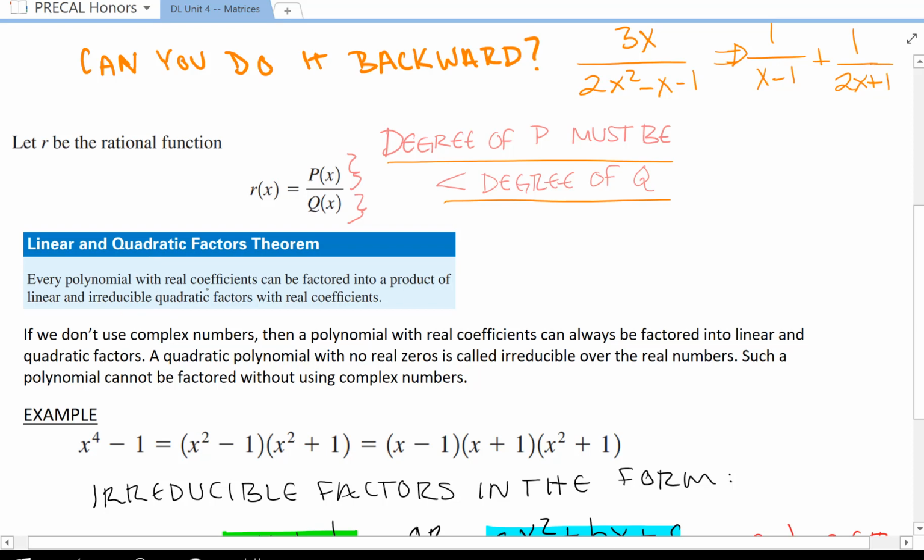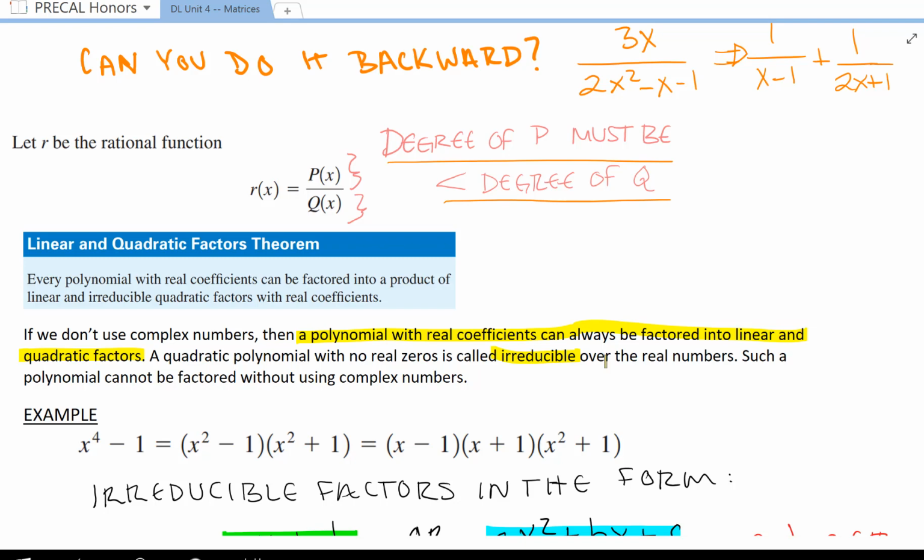Every polynomial with real coefficients can be factored into a product of linear and irreducible quadratic factors with real coefficients. So if we don't use complex numbers, then a polynomial with real coefficients can always be factored into linear and quadratic factors. A quadratic polynomial with no real zeros is called irreducible over the real numbers, meaning its zeros are complex, not real. So you can't factor it unless you factor using imaginary numbers.